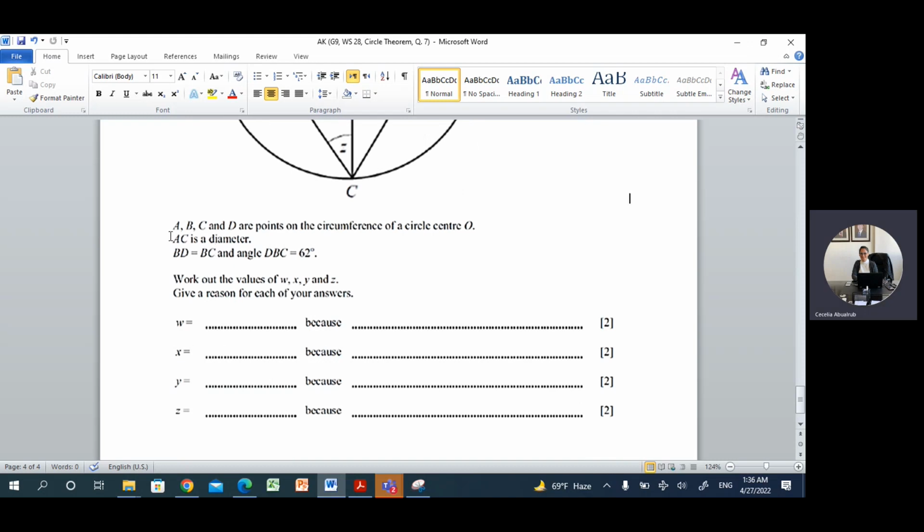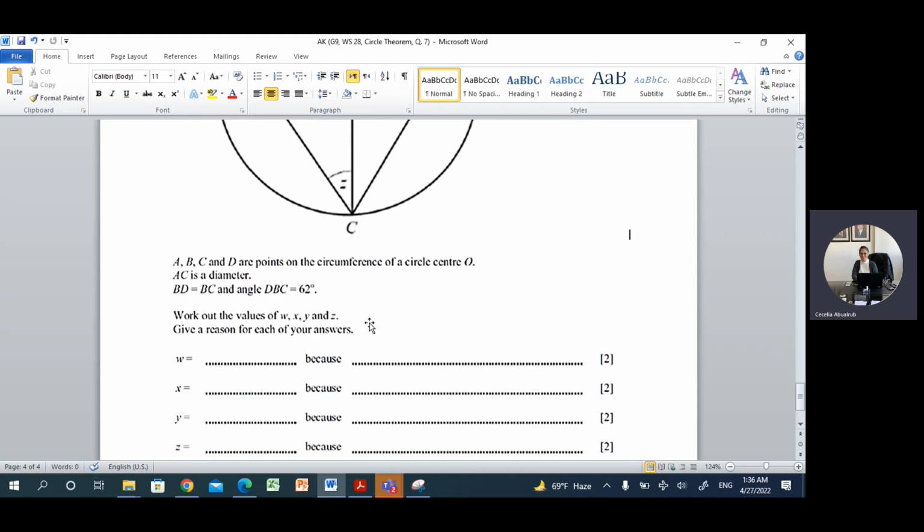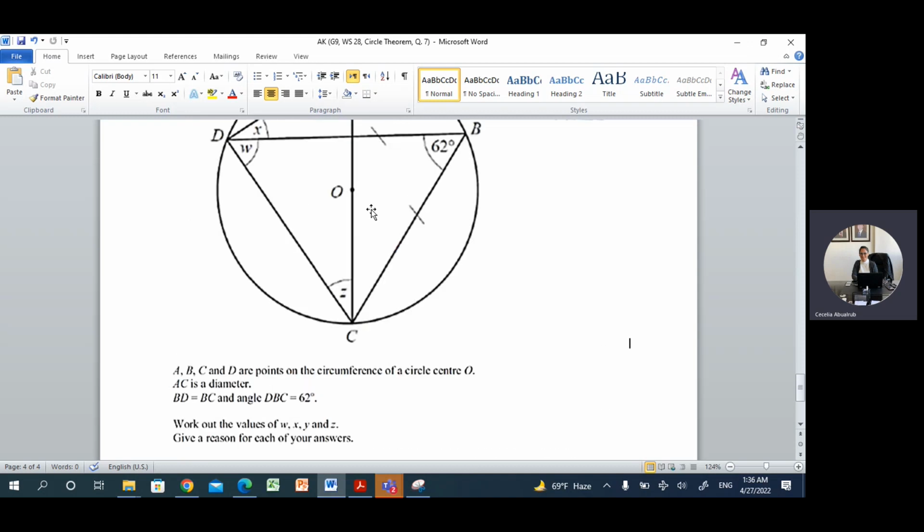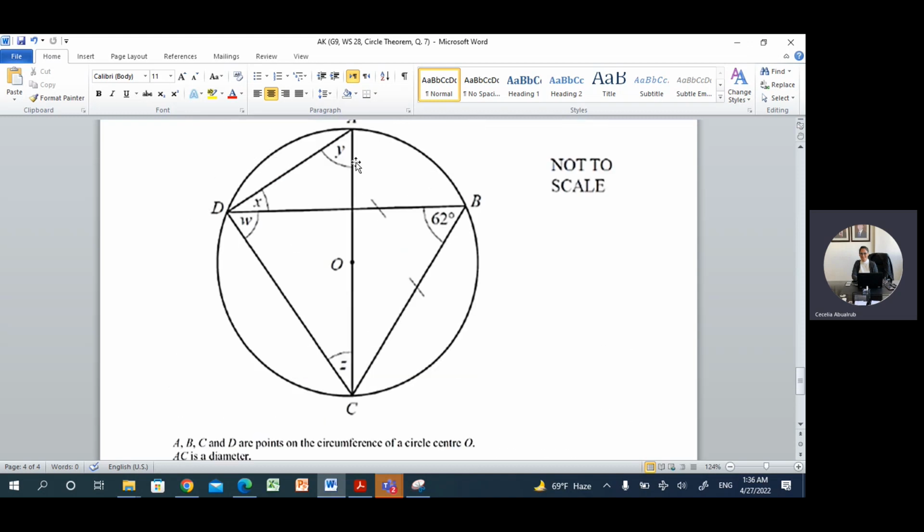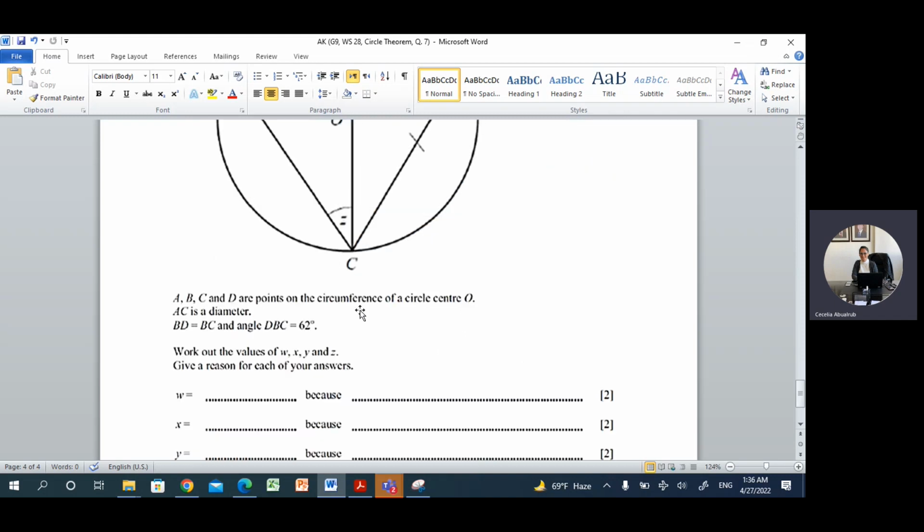Here, if you look, A, B, C, and D are points on the circumference of a circle, center O. So this is the center, which tells me that AC is the diameter, because it's the side that's passing from the circumference to the circumference and passing through the center of the circle.